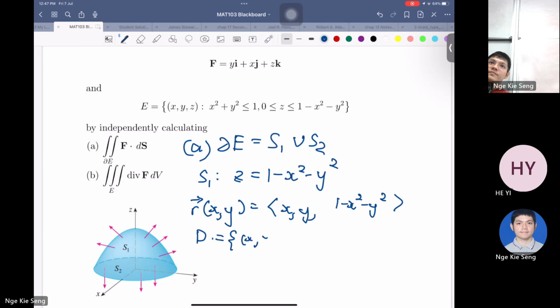Where does this (x, y) lie? Satisfying x squared plus y squared less than or equal to 1.